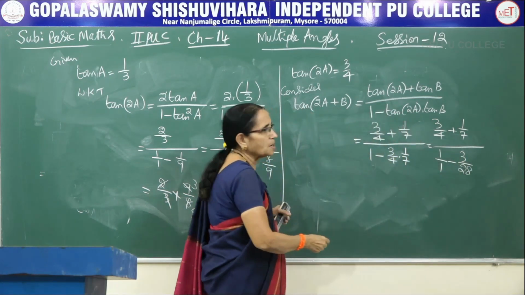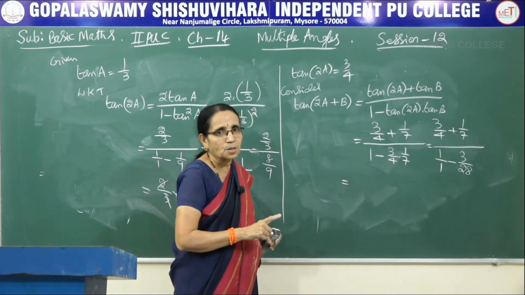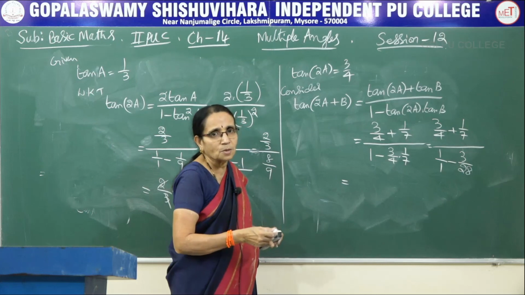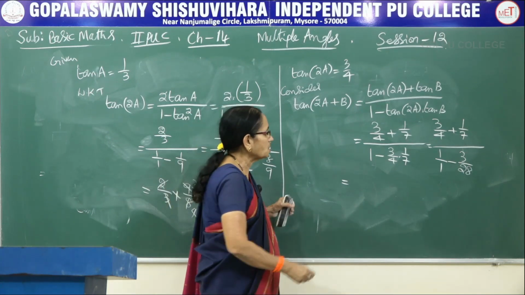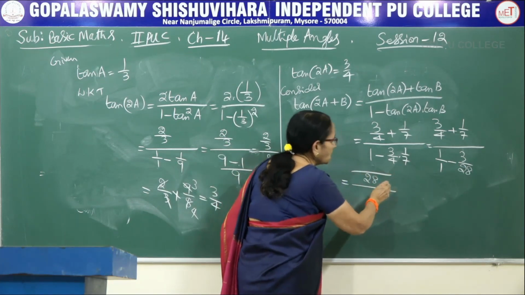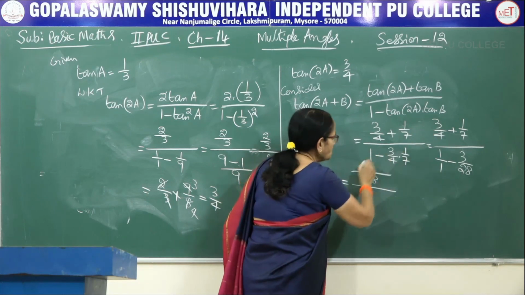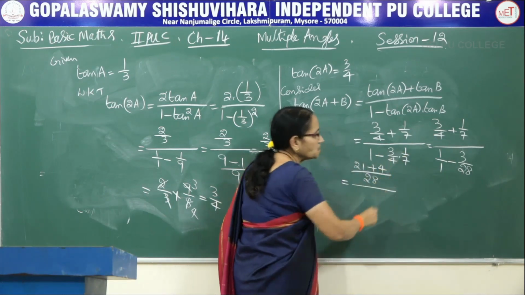7 4s are 28. Now look at the numerator. It is the sum of the two fractions. The denominator is the difference of the two fractions. What is the procedure? We have to take the LCM. For the numerator, the LCM being 28: 4 7s are 28, 7 3s are 21; 7 4s are 28, 4 1s are 4.